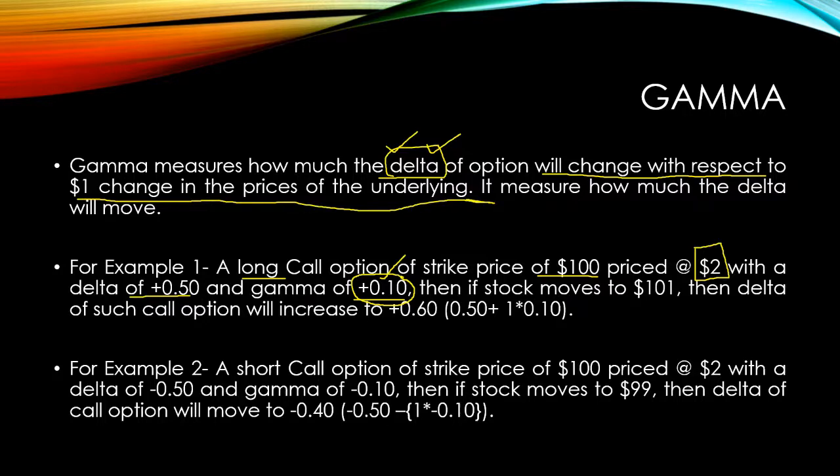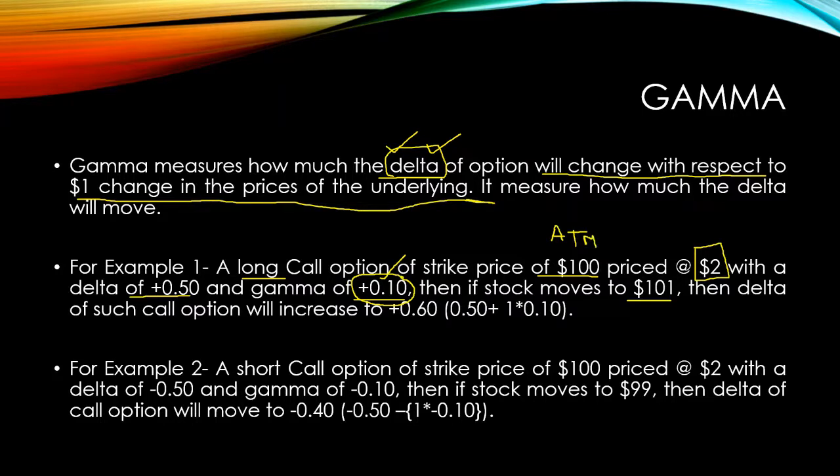In this example, if the stock moves from $100 to $101, then it is common sense that the delta of the option will not remain 0.50. It will change. When I bought the option, it was at the money, that means the strike price and the stock price are the same.